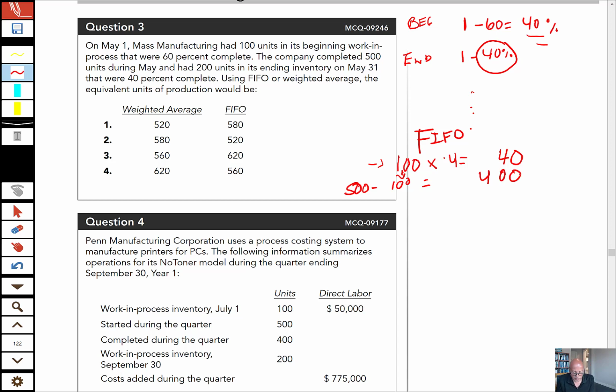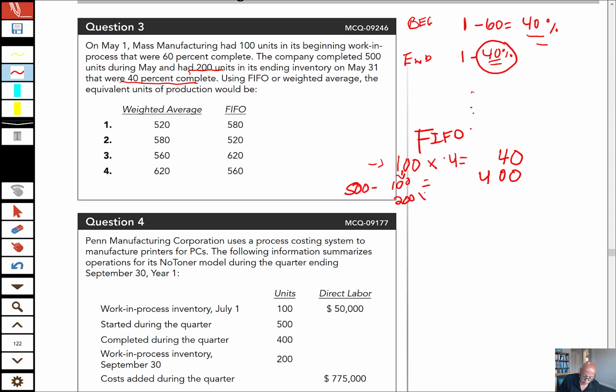Okay. And then I'm going to go ahead and account for what's happening in that ending inventory. And so what do I need to do? I have how many units? 200 units here in ending inventory. So I'm going to take the 200, and they tell me I completed 40% of that work this period.